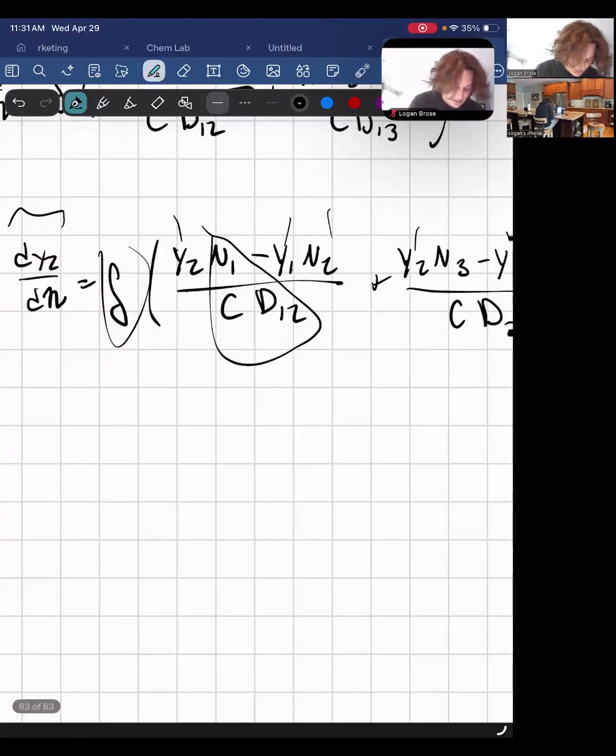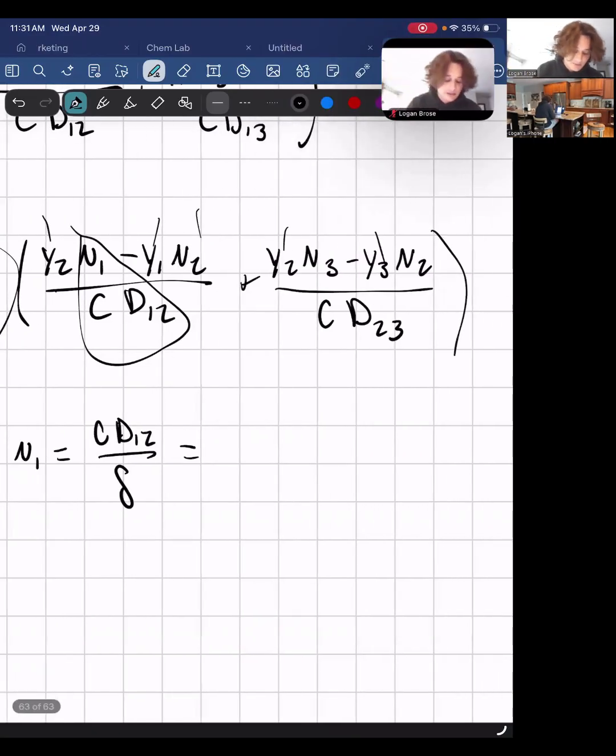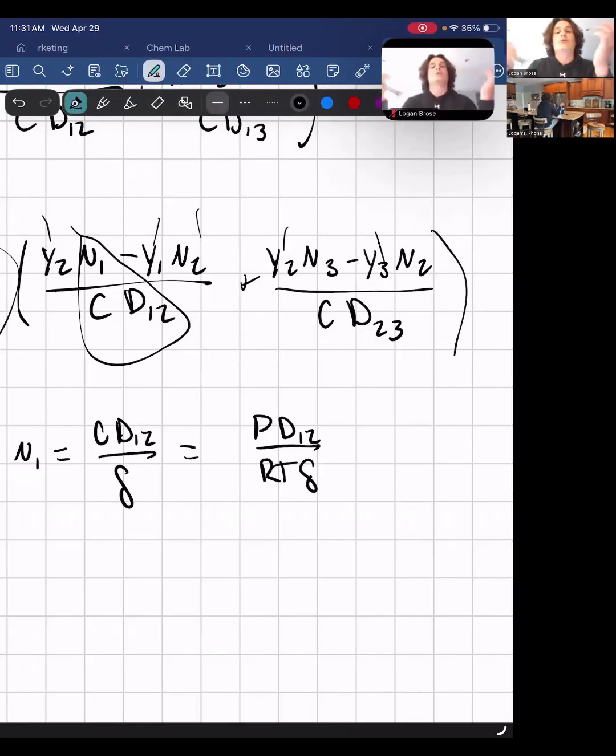So if we look at that, we get that N1 equals C D12 over our delta, which, knowing that concentration equals pressure over RT, we can plug that in and get P D12 over R T delta, right? And those are all values that are known to us, because the constant, the temperature, the pressure, the D are all given, and so is the delta, right?